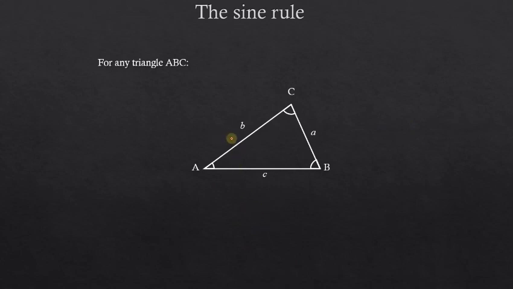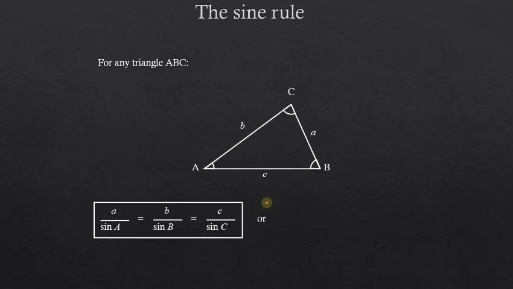So when you consider any triangle ABC, the sine rule states that the ratio of the side to the sine of the opposite angle, the angle that's opposite to it, so a, this is the side, and the sine of the angle that's opposite, which is angle A, is a constant.